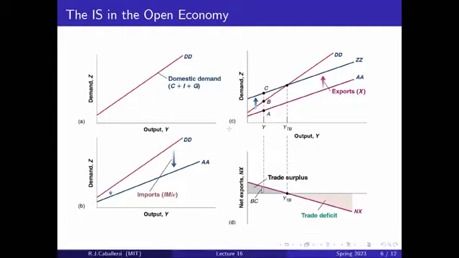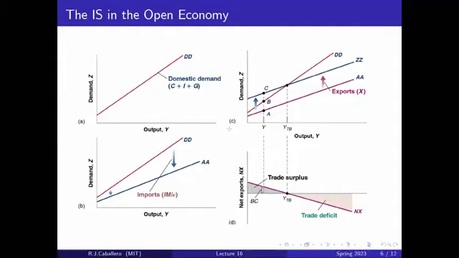We need to change things a little bit. We're going to put the 45-degree line in the next slide, but first, this is not the relevant demand for domestically produced goods. So we need to go from here to the demand that is relevant for domestic producers. The first thing we need to do is subtract imports, because part of that demand will go for foreign goods.